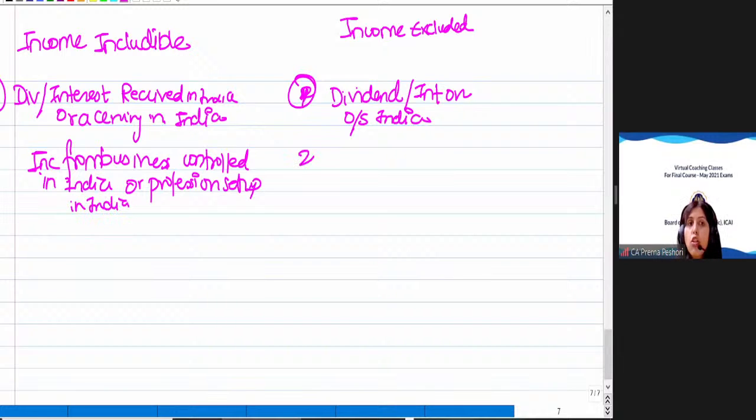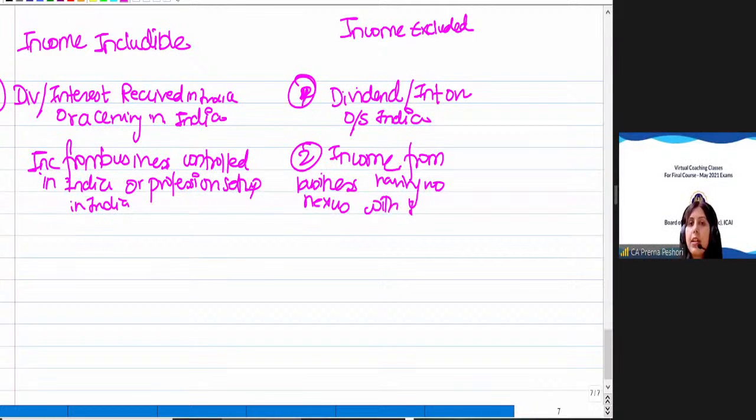You will not include income from business having no nexus with India. Are you clear?